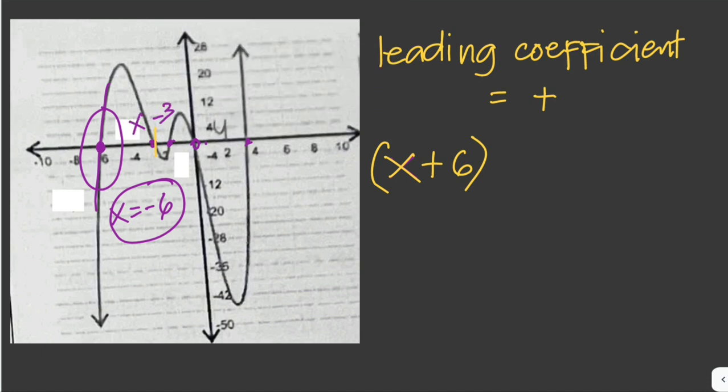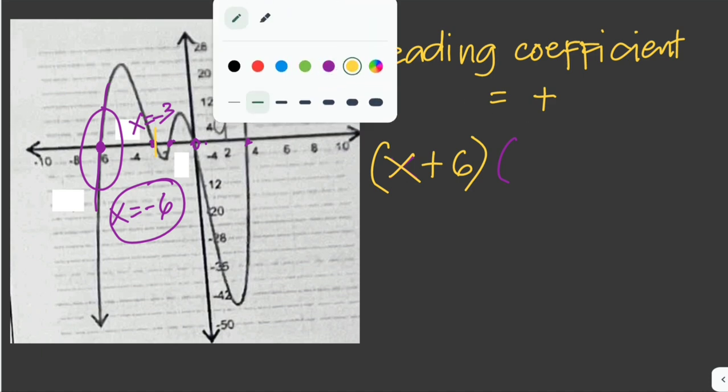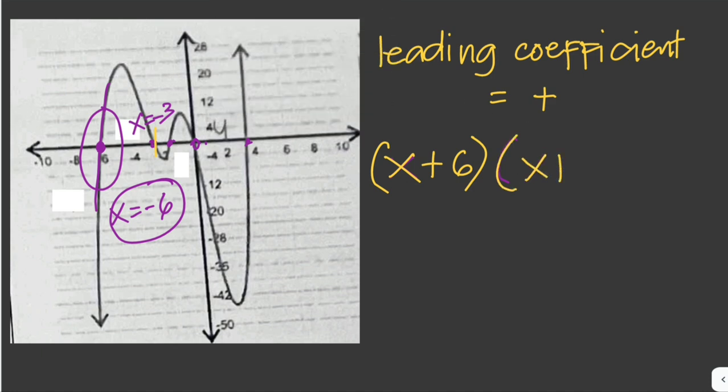The graph here crosses at x equals -3, and it doesn't bounce off, and it's not flattened. So that one is a single zero. So we can write that as x plus 3. Okay, multiplicity is only 1. And then the next one is this one.